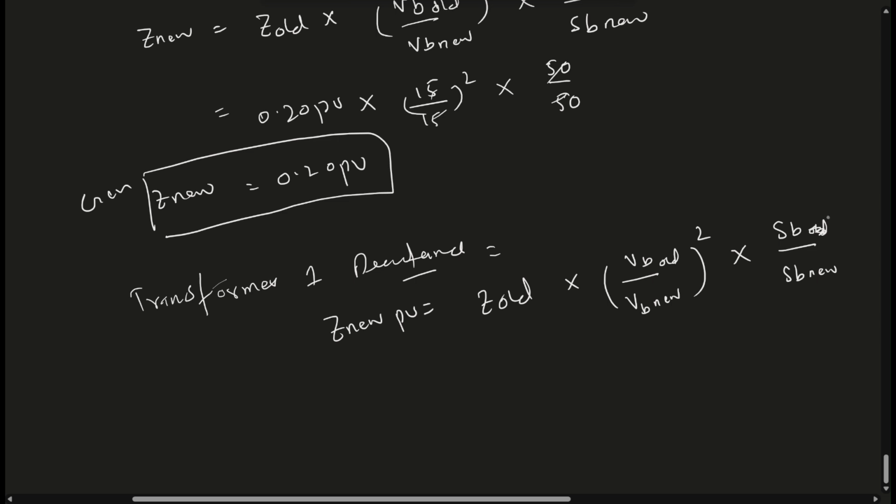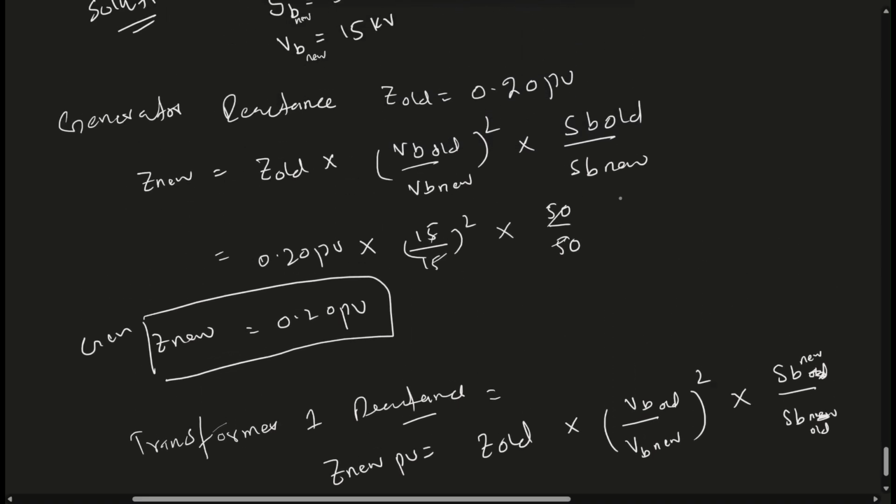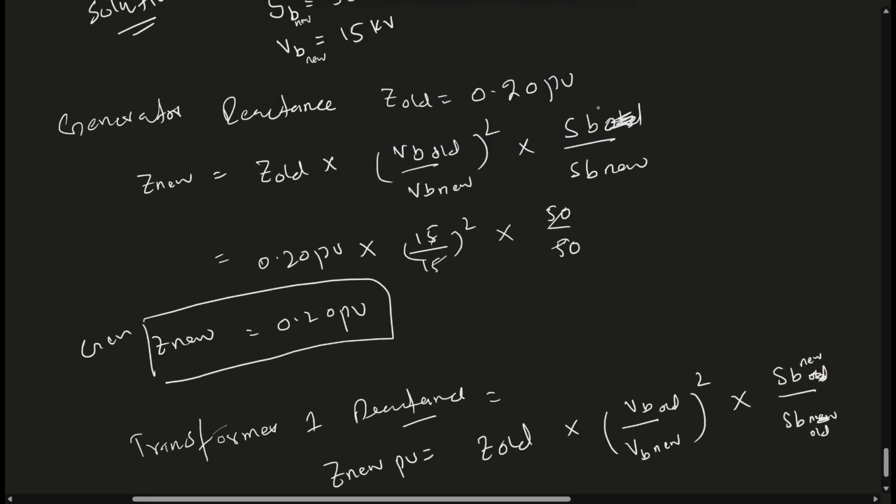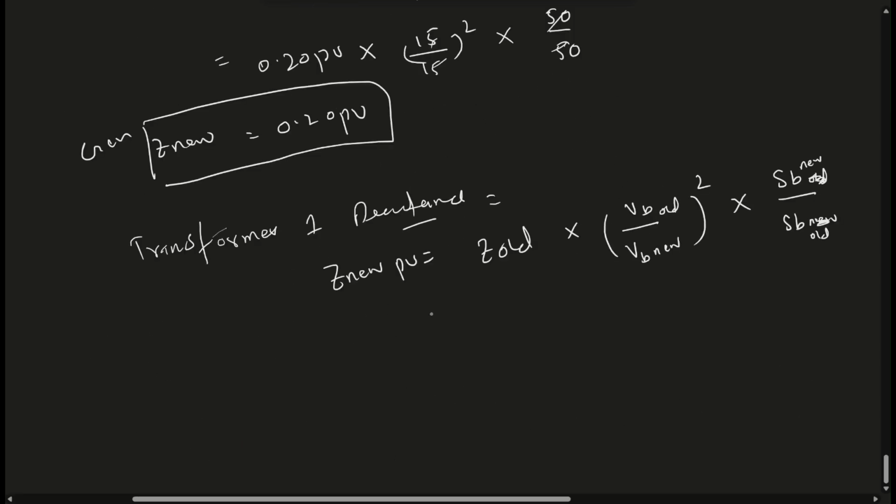Sorry, this will be SB new by SB old. Also, we'll make the correction here. Putting the values in this equation, we have Z old given as j0.10, multiplied by the old value of transformer 1.